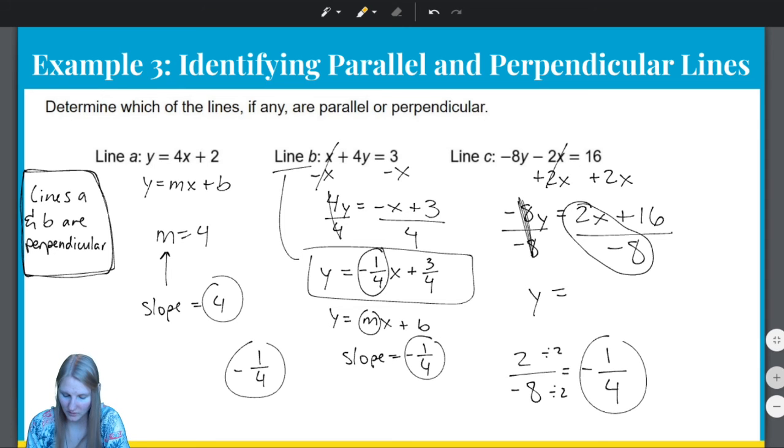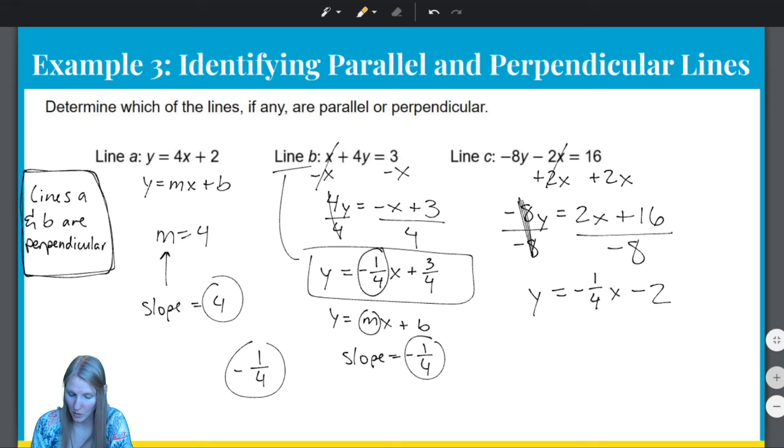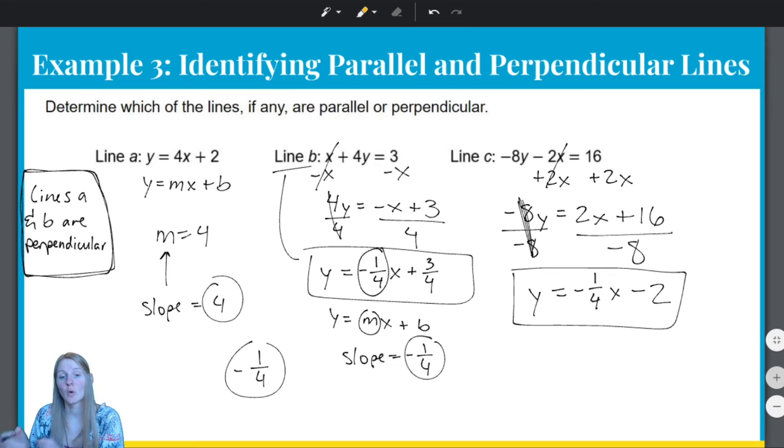So negative 1/4 x, and 16 divided by negative 8 is negative 2. So the equation for line C is y equals negative 1/4 x minus 2.